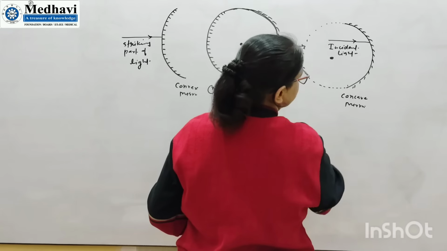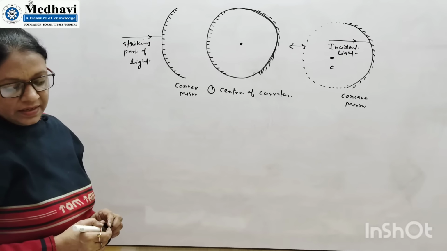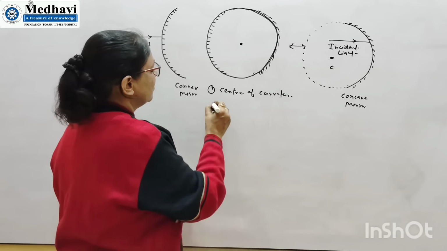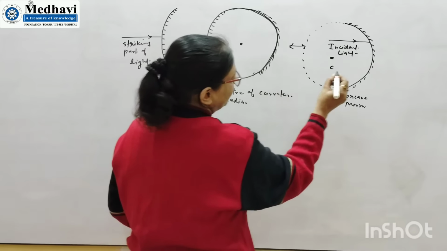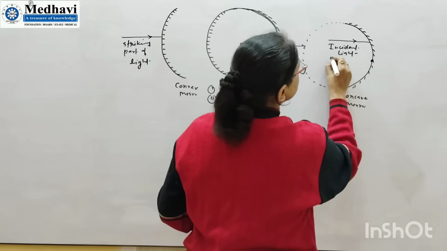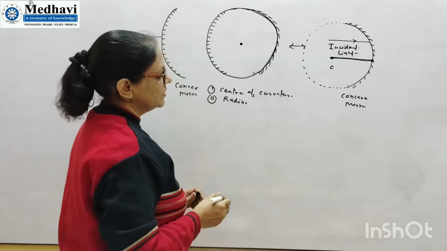This is called its center of curvature. Second is the radius of curvature. This is the radius: from here to here, this distance is the radius.